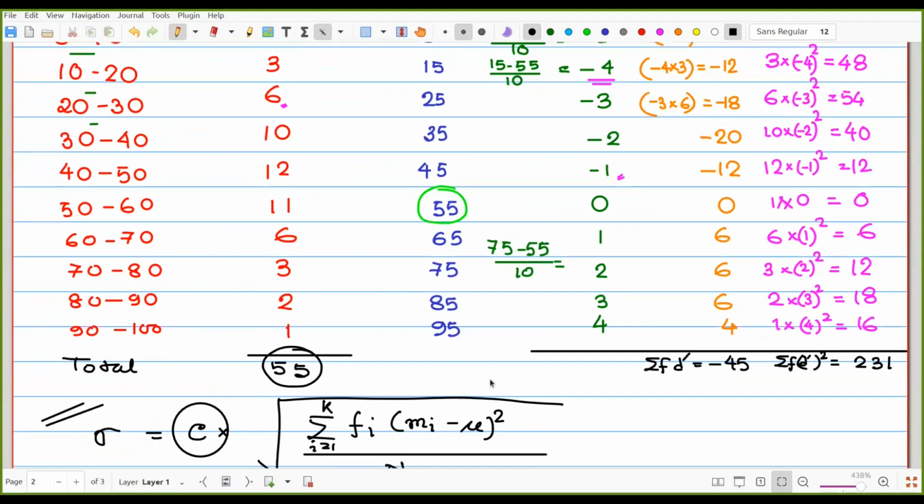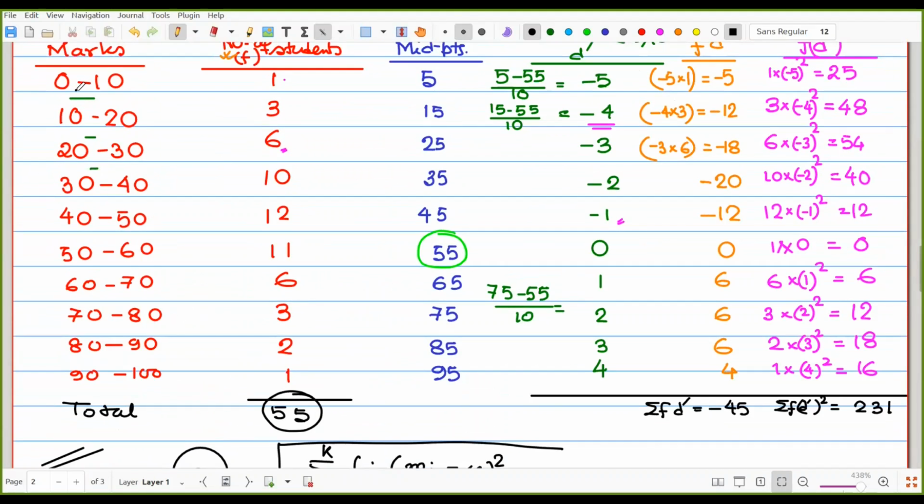What is the C? C is the class interval. Each and every interval is of 10: 0 to 10, 10 to 20, 20 to 30. That means each and every C is here 10.